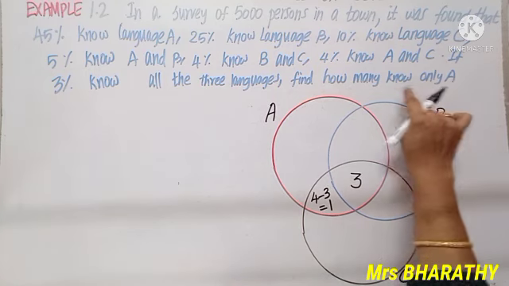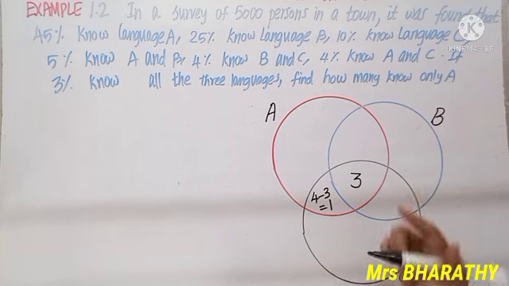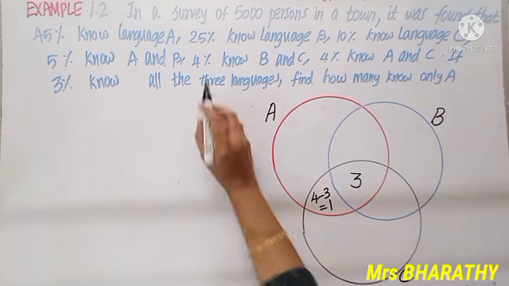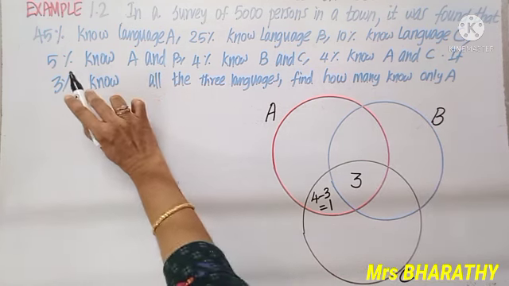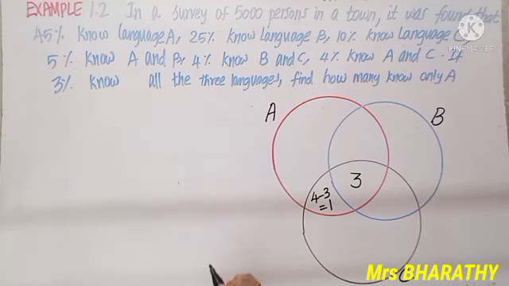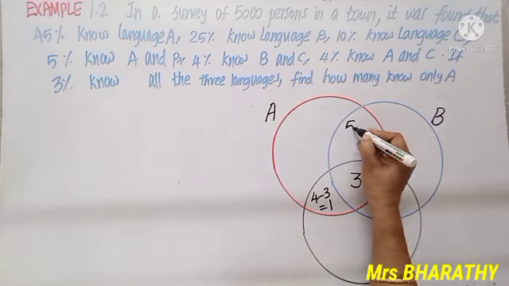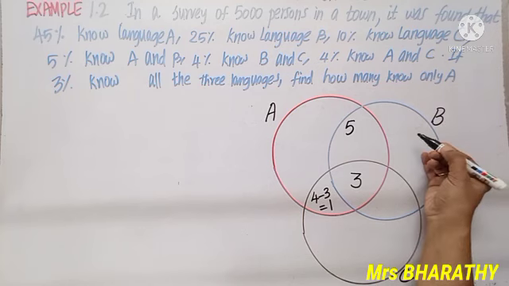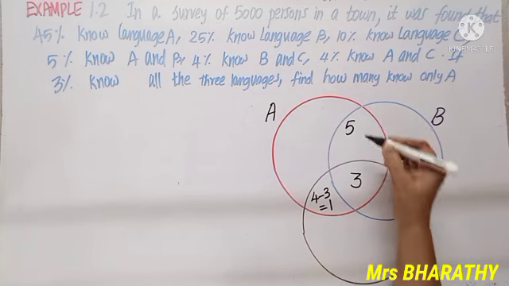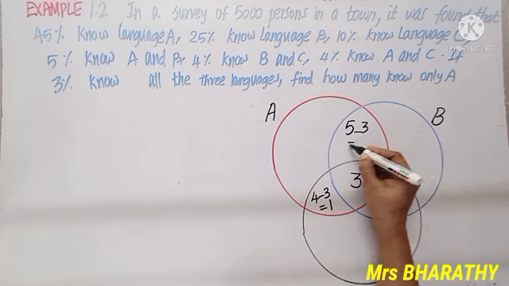I want only how many know only A. So let me proceed over here. The previous line, 5% know A and B. But this common part, let me subtract. So I get 2.